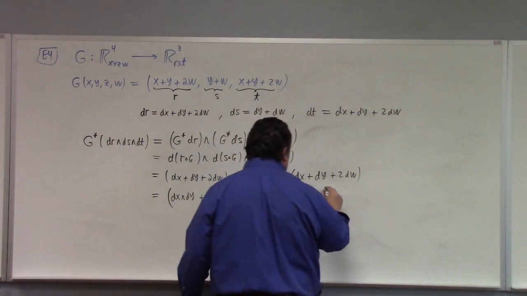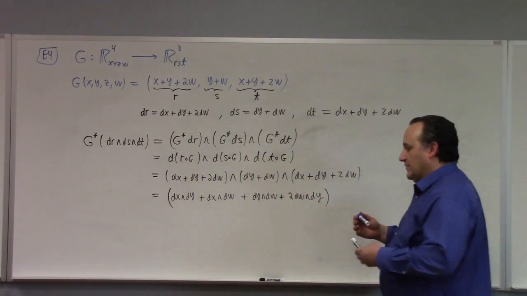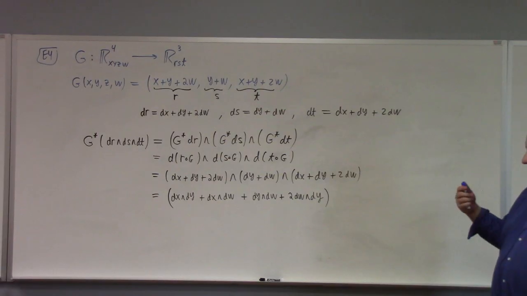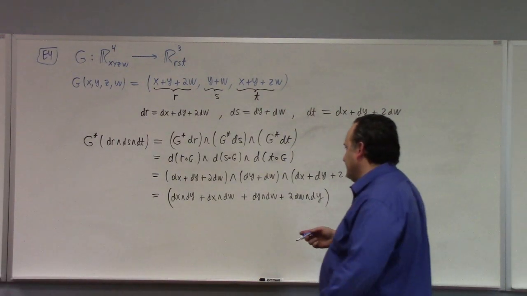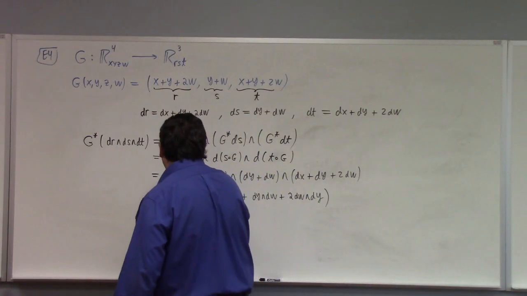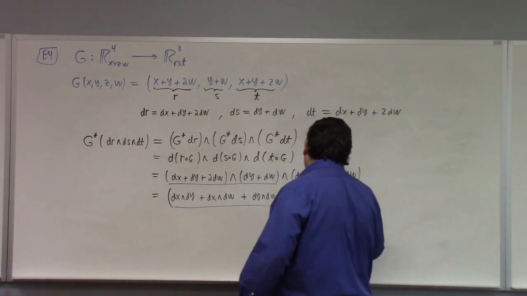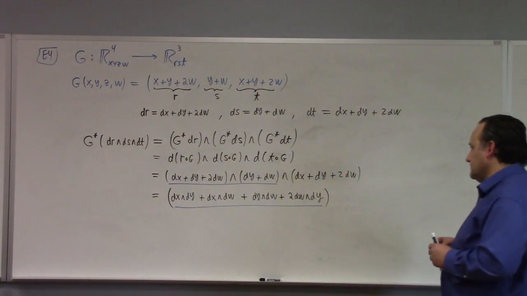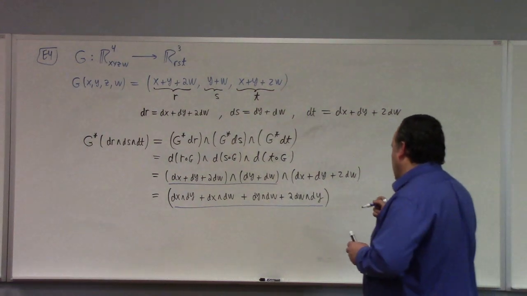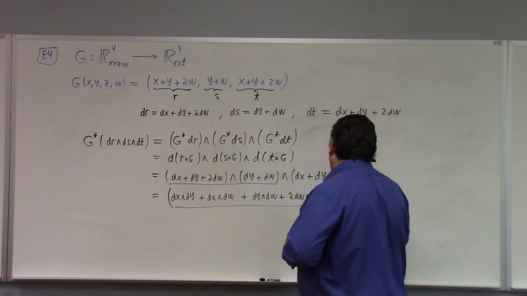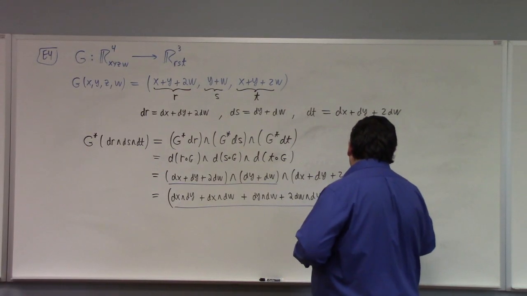That's everything I get from the wedge product of the first two, and I have used, of course, that dy wedge dy is 0. So that's this piece. I still have to take the wedge product with dx plus dy plus 2dw.